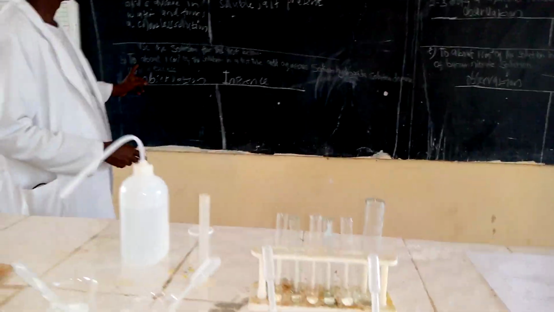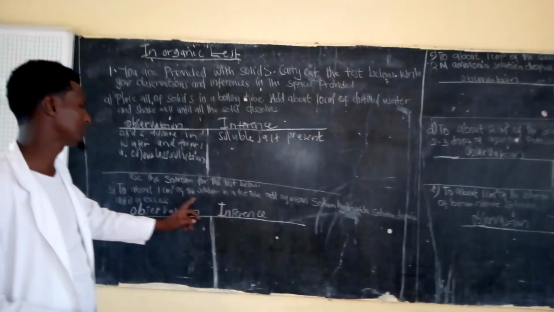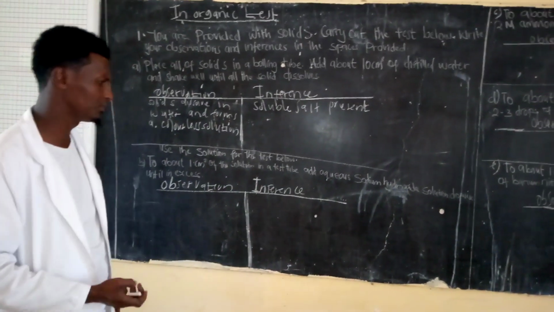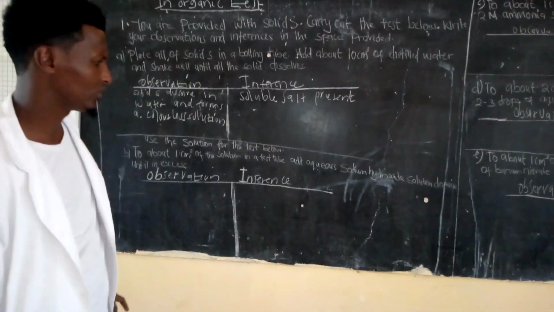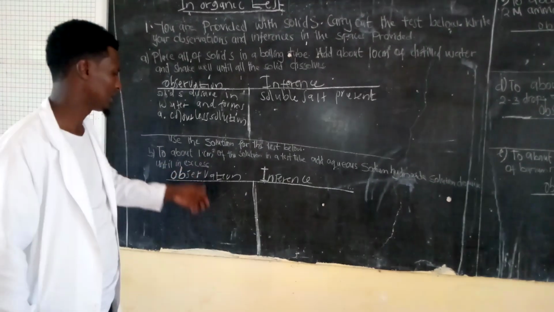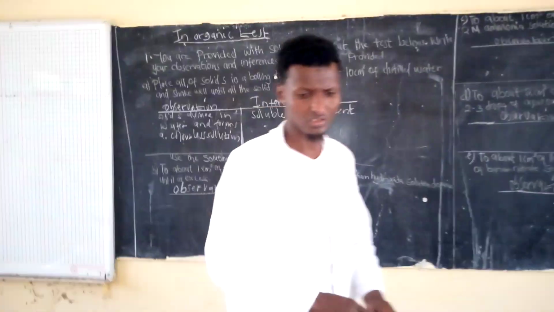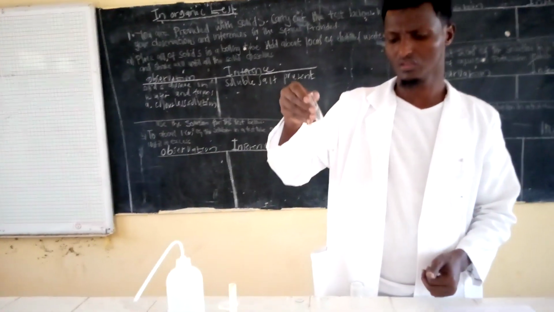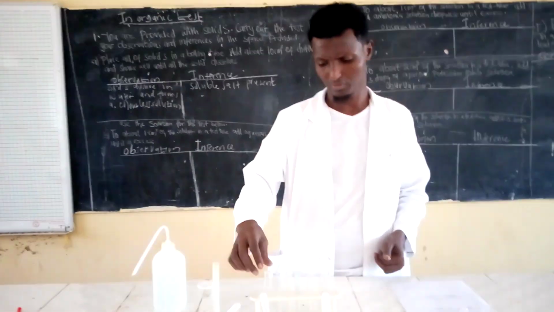Then, to about 1 cm³ of the solution in the test tube, add aqueous sodium hydroxide solution until in excess. Let me measure about 1 cm³ of the solution in the test tube.